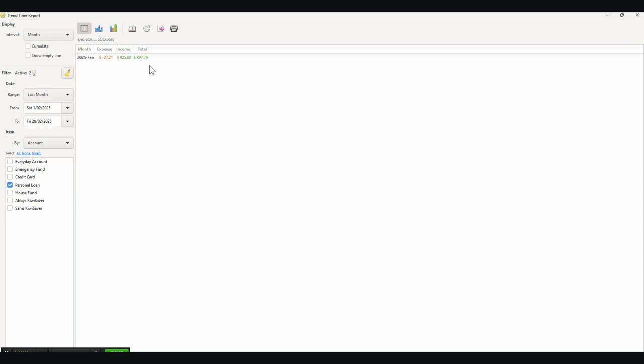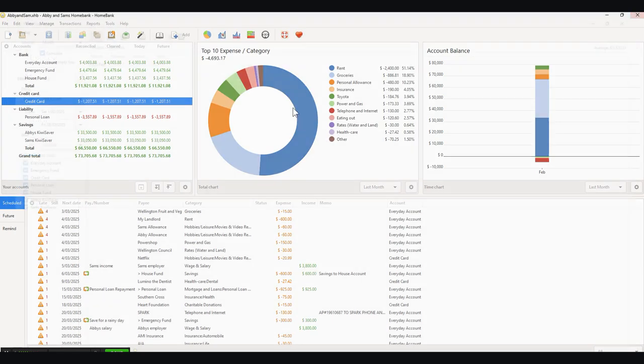And their personal loan went down because they paid money off. They saved into their house fund, and then they put money into their KiwiSaver. So that's one way of seeing where that money went, bit by bit.